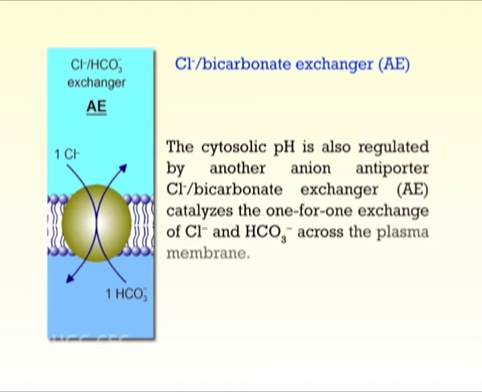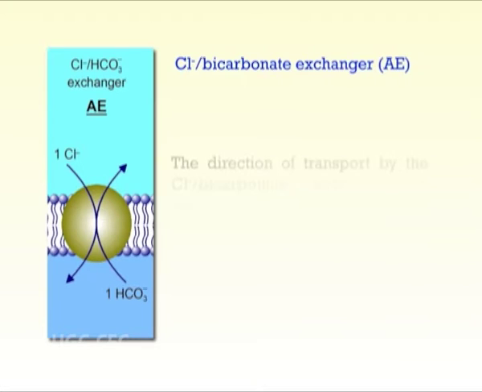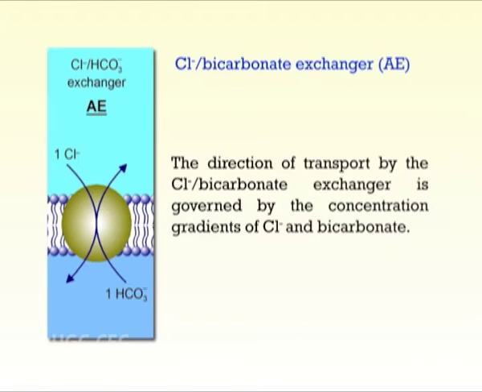The cytosolic pH is also regulated by another anion transporter. We call it the chloride bicarbonate exchanger, and this exchanger catalyzes the 1-for-1 exchange of chloride and bicarbonate across the plasma membrane.